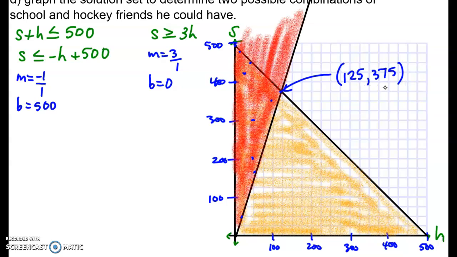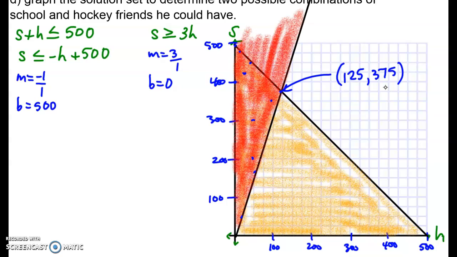Together, those are 500 friends, and that fits our inequality because the school plus the hockey friends need to be less than or equal to 500. Does the second inequality work? So the school friends are at least 3 times the hockey friends. 125 times 3 is 375, so yes, that works too.